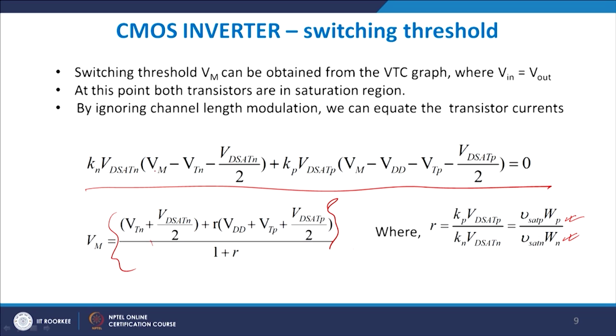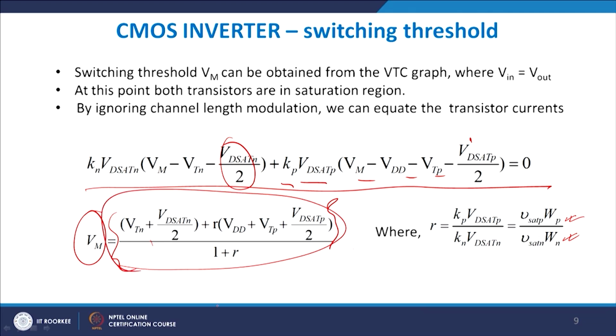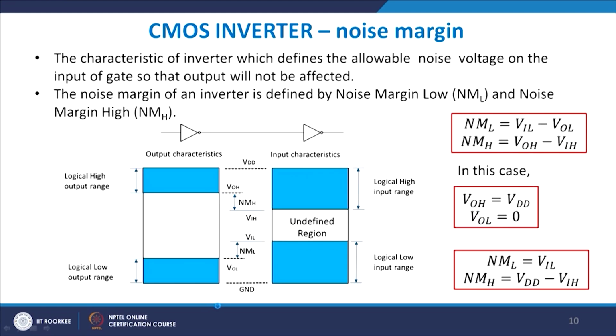Vm is nothing but the applied gate voltage minus Vth minus Vd sat n by 2. So, this Vd sat n by 2 is a fixed quantity available with you. Similarly, these are all fixed quantities, and from here you can obtain the value of Vm, or the switching threshold, and it is given by this formula: Vtn plus Vd sat n by 2 plus R and so on and so forth. So, as you can see, the higher the value of Vd sat, the higher my switching threshold will be.